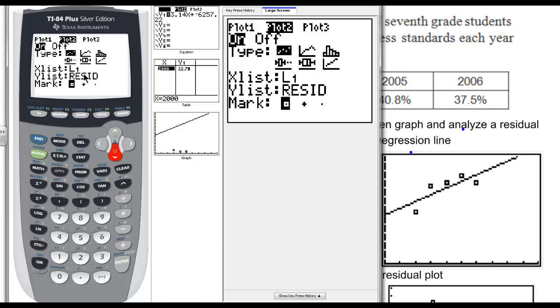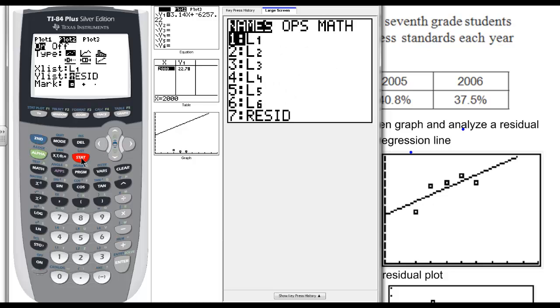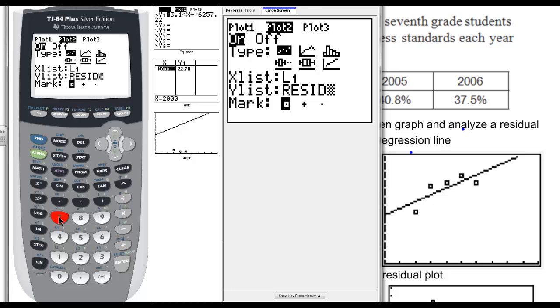If you don't have this in here, here's what you're going to do. You're going to move down to Y list, hit second, stat, and if you look now, number 7 has residual. So we're going to put that right there.